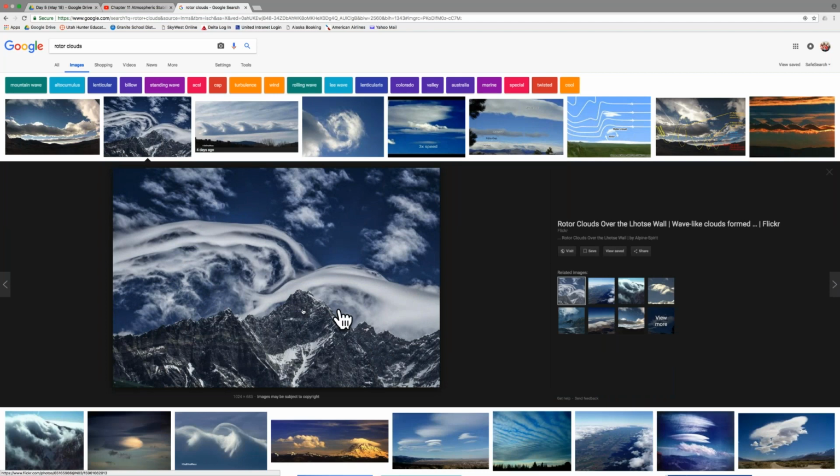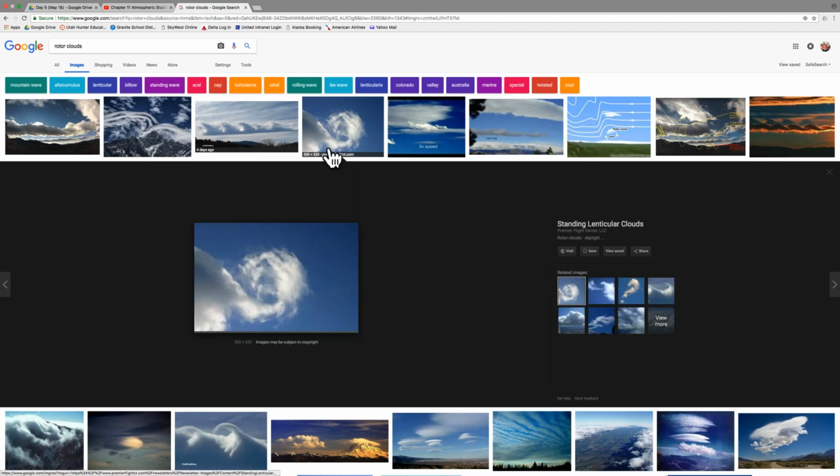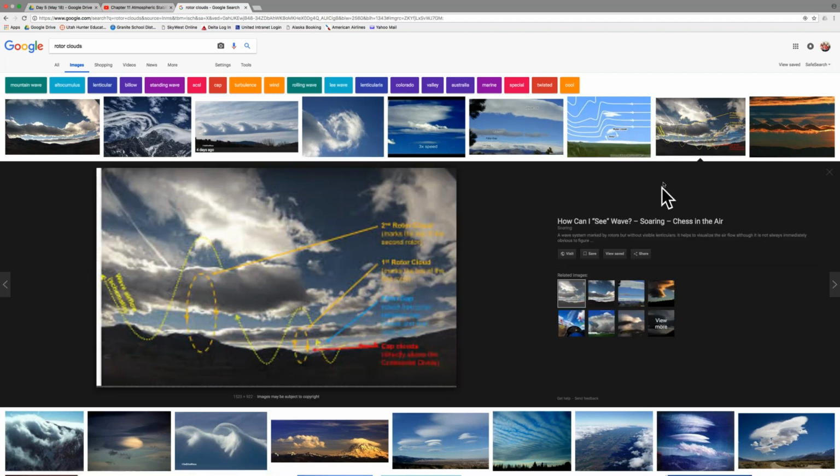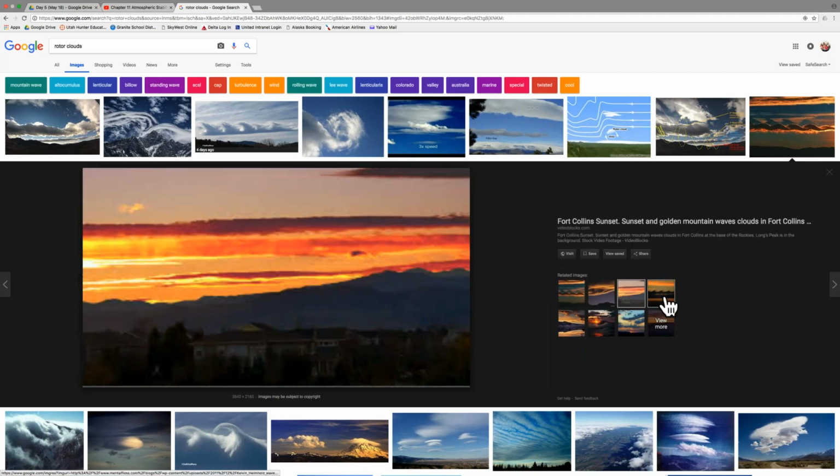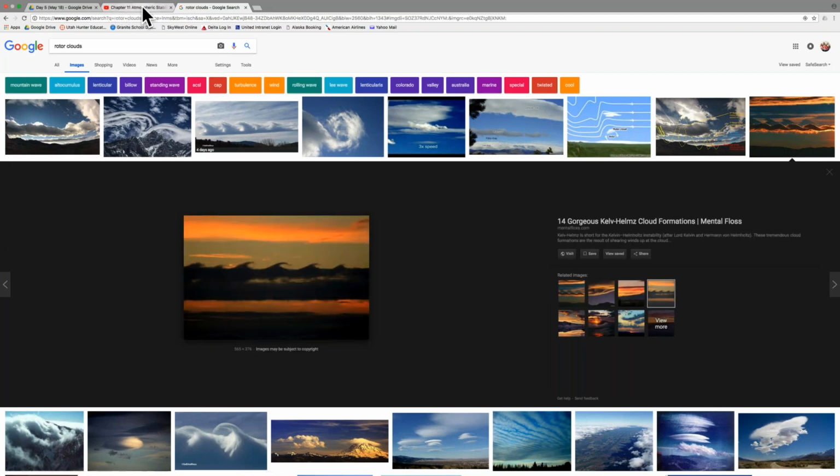There you can see some of the rotors back there. Cap cloud, altocumulus standing lenticular, rotors. Extremely dangerous, right? That's kind of wicked. Pretty dangerous.